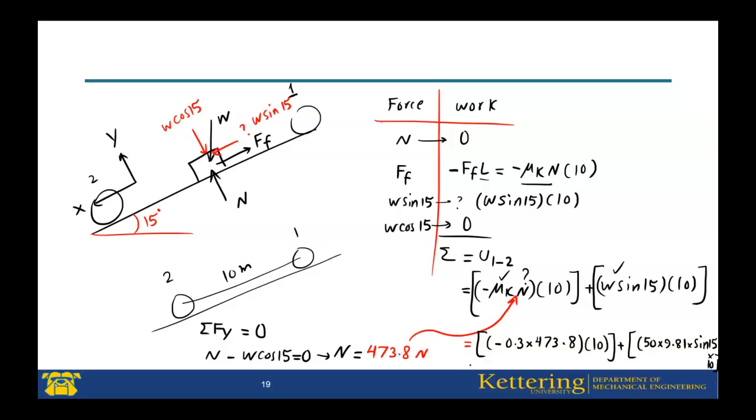Now, if you calculate this, let me see if I have it, or somebody can calculate this.